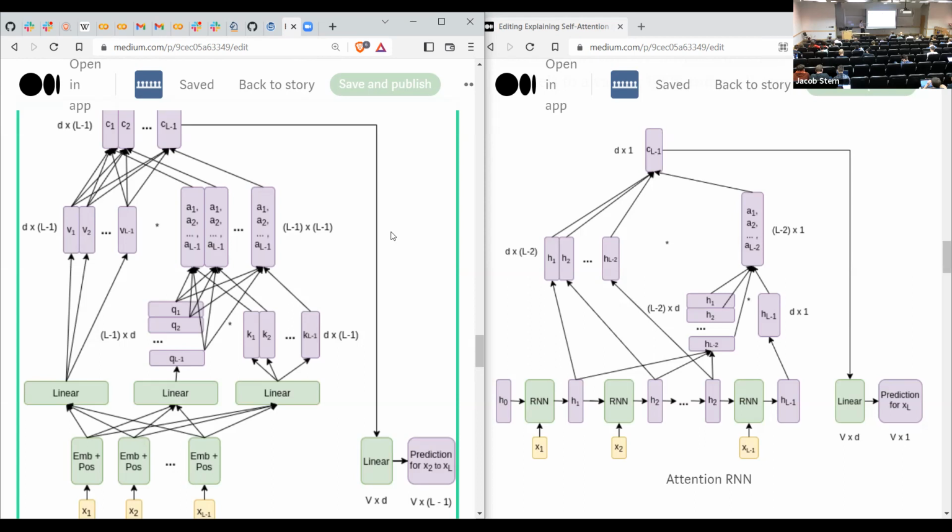So if you remember the Google neural machine translation, it had many LSTM layers, but only one attention layer. In transformers, we can have as many self-attention layers as we want. So that's one of the huge benefits of transformers as compared to just attention-based RNNs.